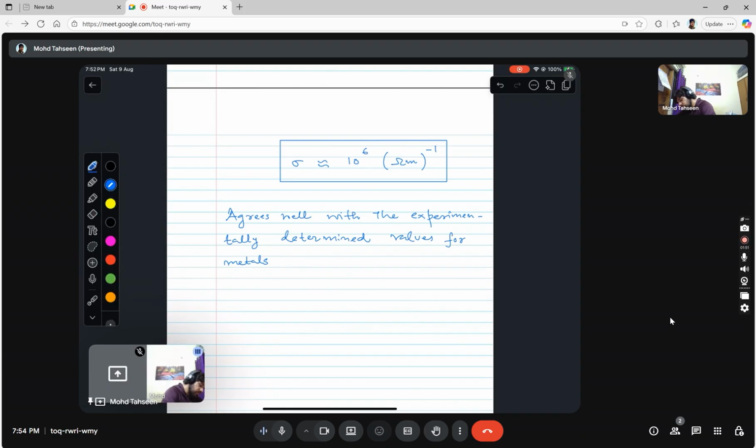And what is this agreement? Agreement is in terms of order of magnitude. So for several metals, the conductivity is of the order of 10 power 6 per ohm per meter. Okay, order of magnitude.